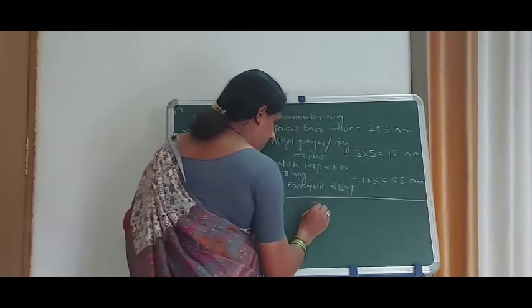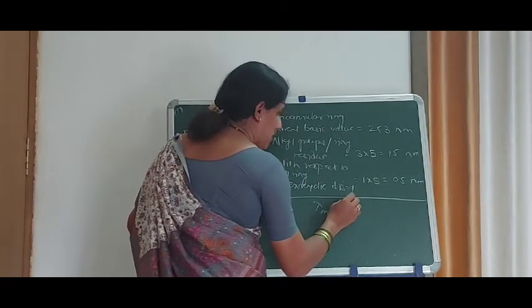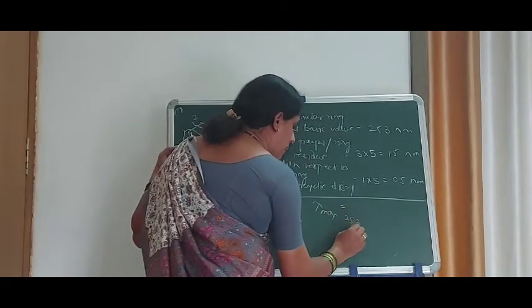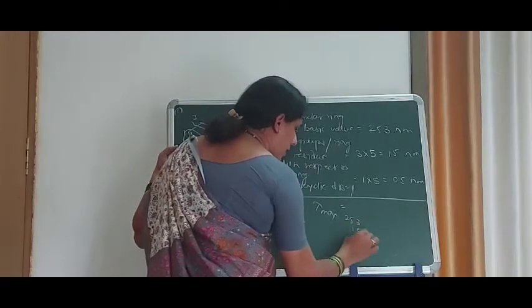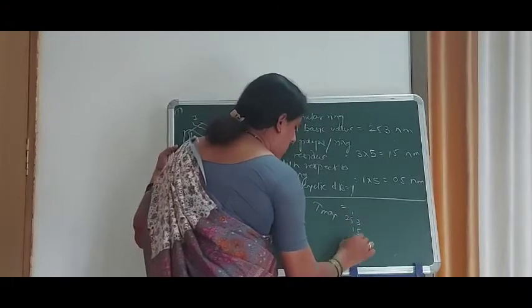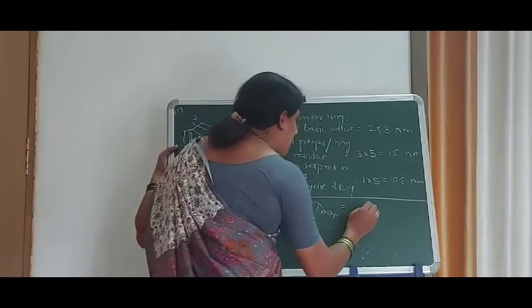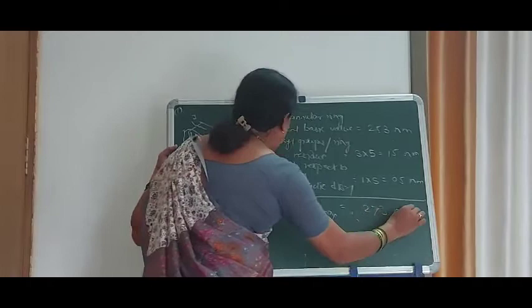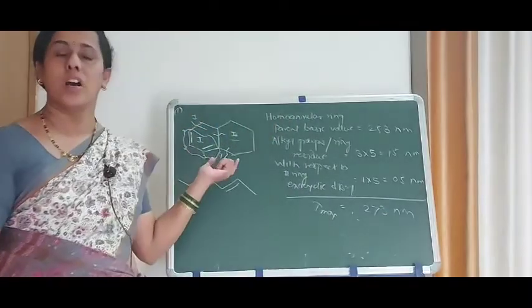Now we have to take the total. Lambda max is equal to 253 plus 15 plus 5, that is equal to 273 nanometer. This is the final answer.